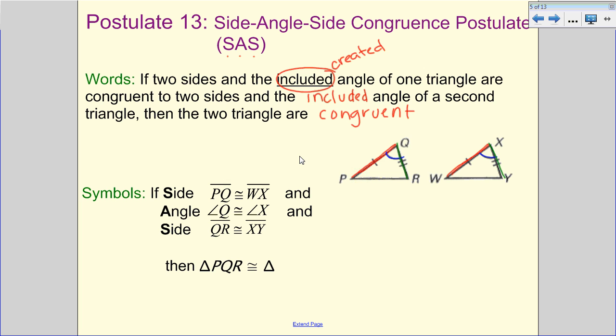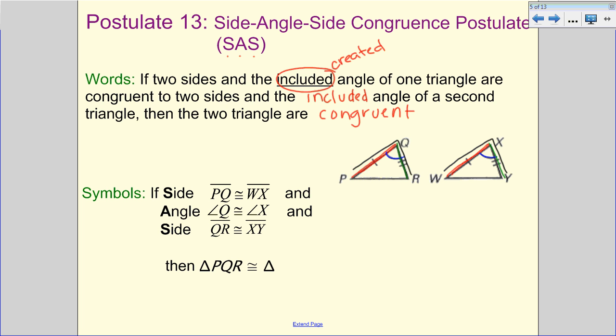So I'm able to follow the path of side, congruent angle, congruent side. I hit all my congruent corresponding parts with one smooth movement of my pen. I know that I've just used side angle side.